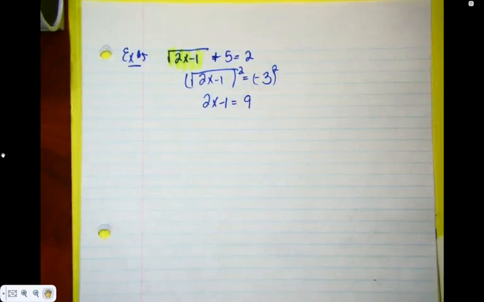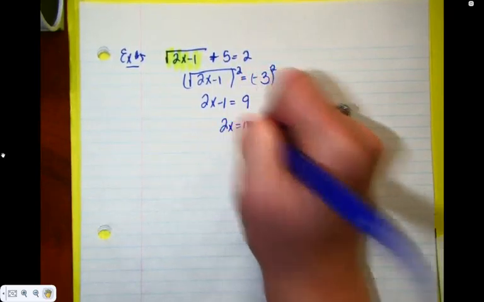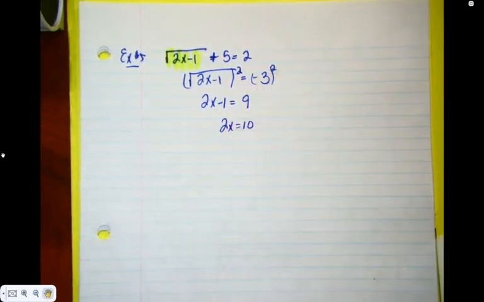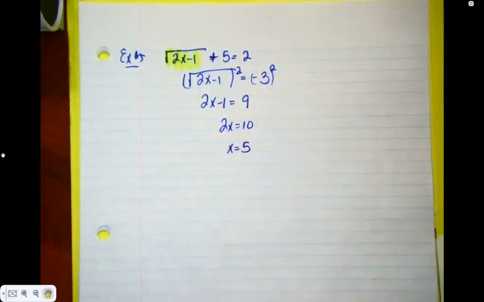How do I get rid of the 1? How do I get rid of the 2? Step number 4.